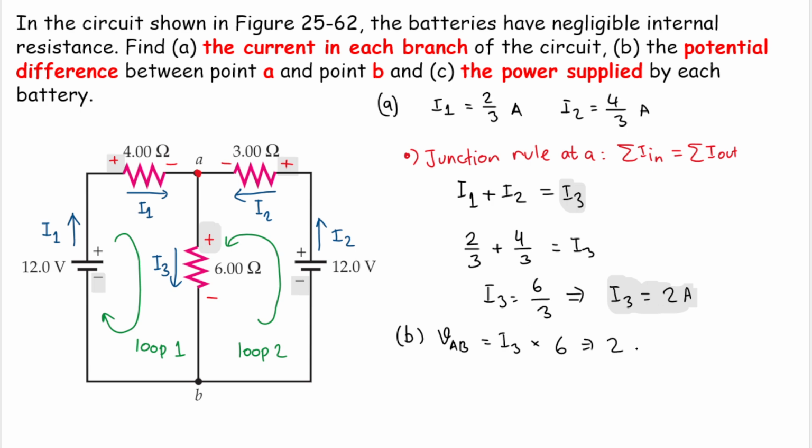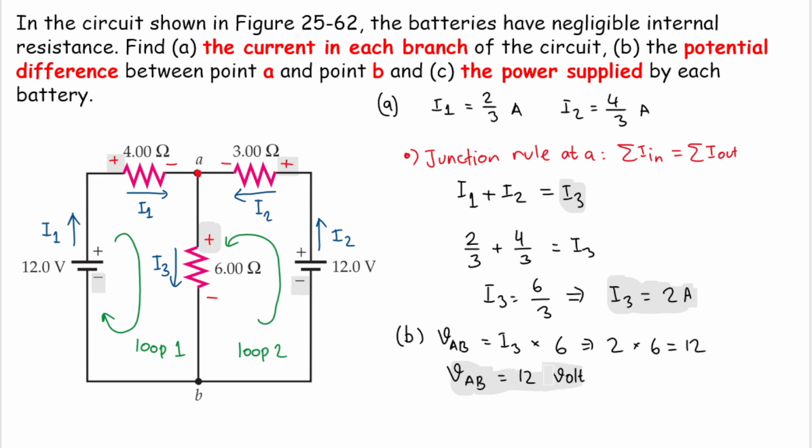So I'll have 2 multiplied by 6, and that equals 12. And so the VAB, the potential difference between A and B, is equal to 12. And the unit here will be in volt. Good.